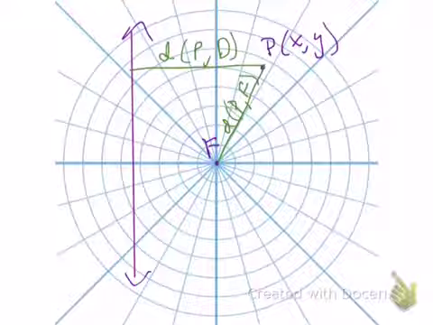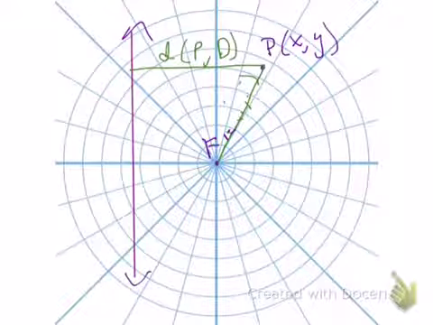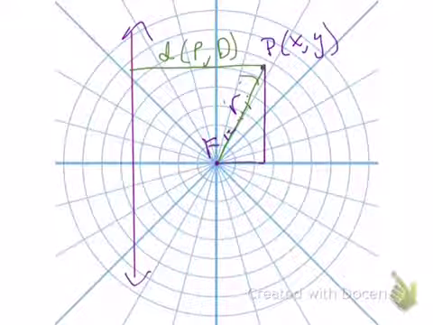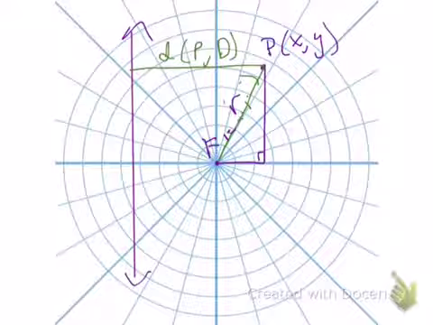The point to the focus is much easier, because really that's just r, the radius. So I'm going to get rid of this and just call that r. I can make a triangle out of that, and now you can kind of see where the picture's going. And then the distance from the point to the directrix, I drop this line down, and I'll call this q, and it's the same distance to the directrix.